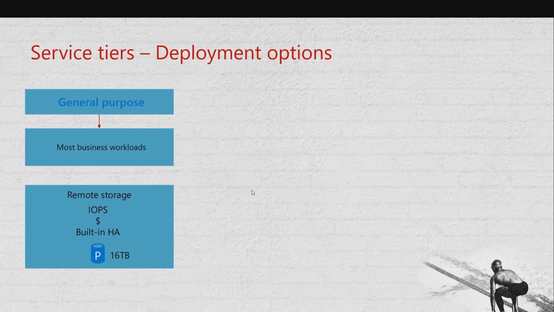So that's precisely the General Purpose architecture. We have the one primary replica, we have the remote storage, and hidden from the customer, there is a remote standby pool. Should we patch your primary replica, the impact to the customer will be just a failover, because one of the standby replicas from this pool will be taken, placed into your workload, attached to remote storage, and you will carry on.